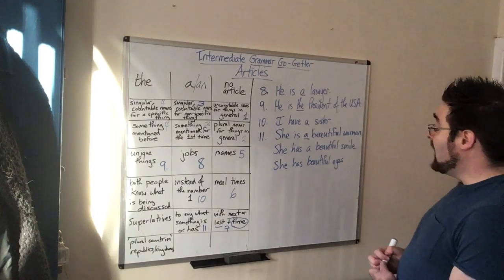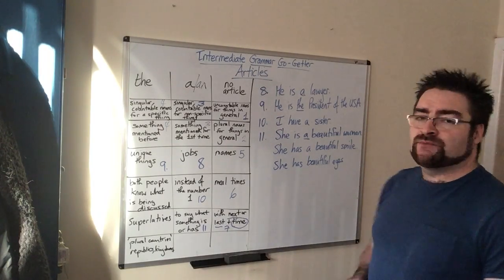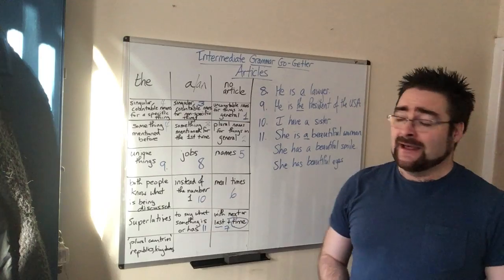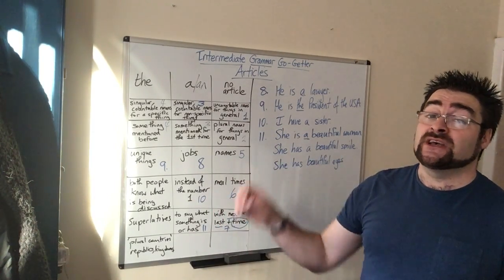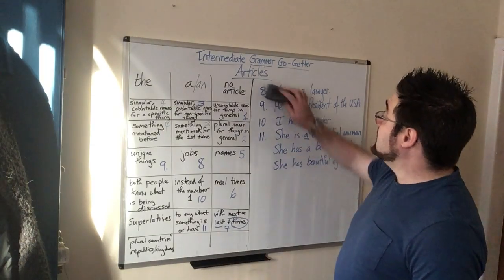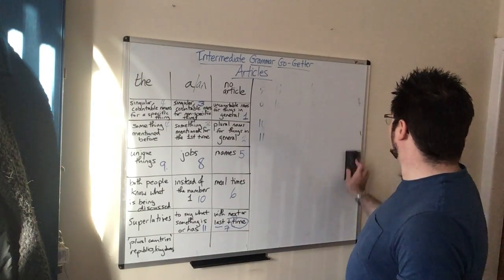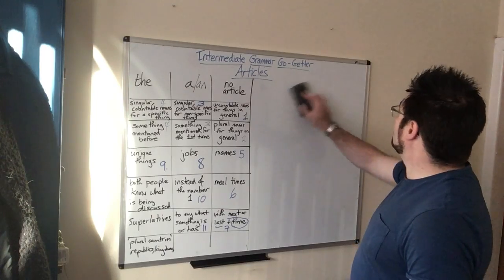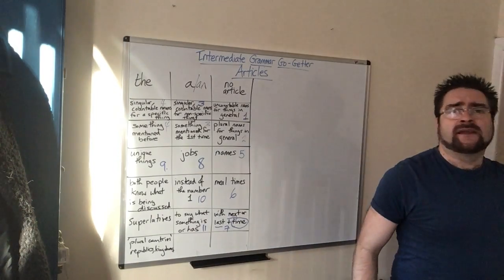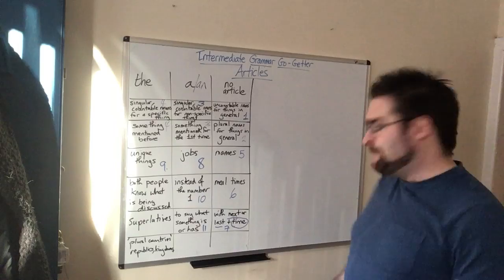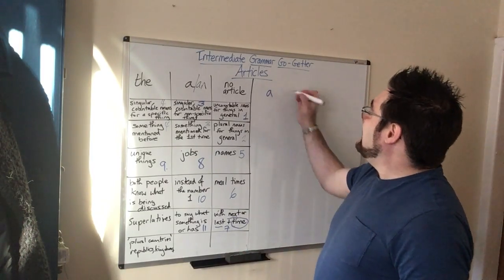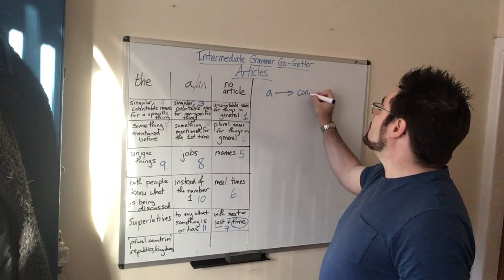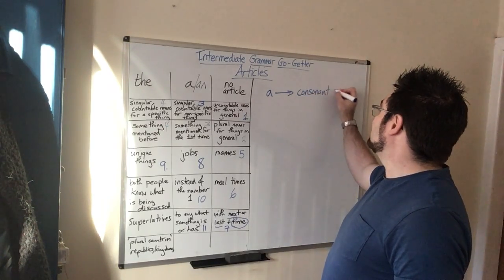Okay? One other thing while we're on the subject of a or an, and that is when do we use a and when do we use an. Okay, so let's take a look at that before we finish. Suddenly notice it's very dark in here. That's a little better. Okay, so we use a when a consonant sound comes next.